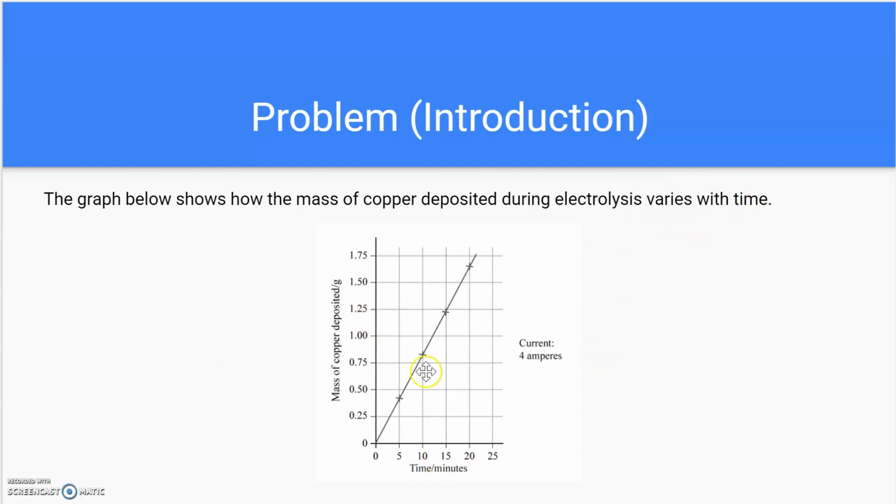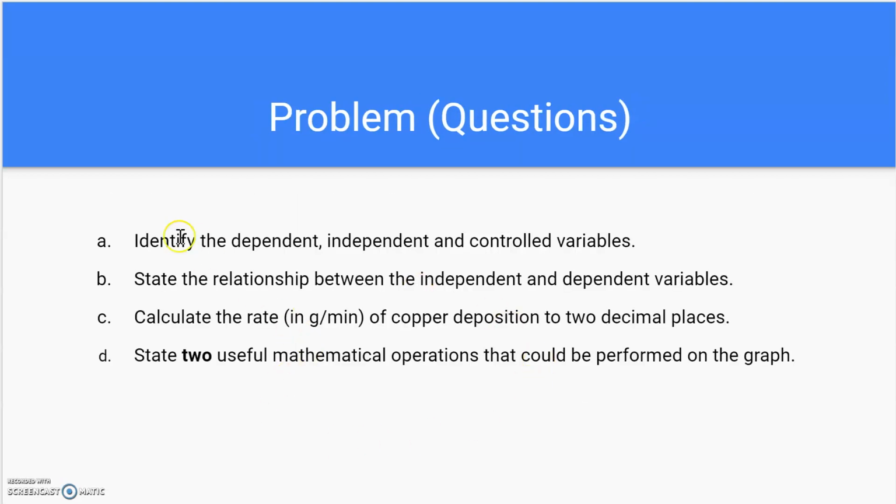Just by visually looking at the graph, we are able to identify that there is a linear relationship between the data points and that linear relationship is positive. So that is a first glance, but the actual questions are: first, identifying the dependent, independent, and controlled variables.